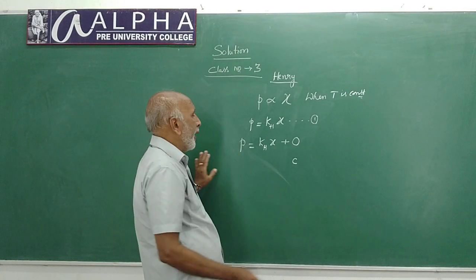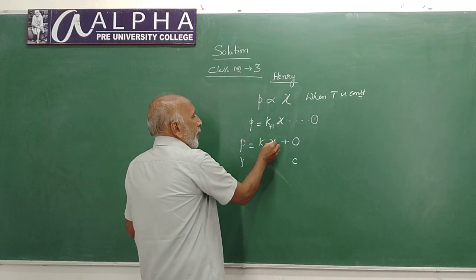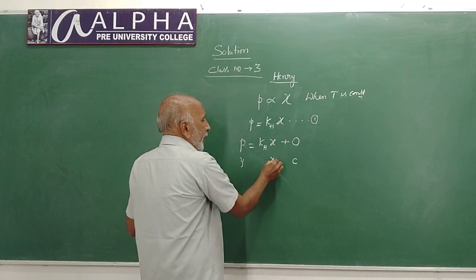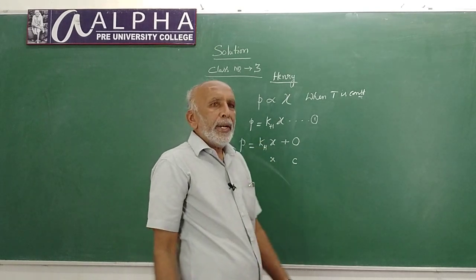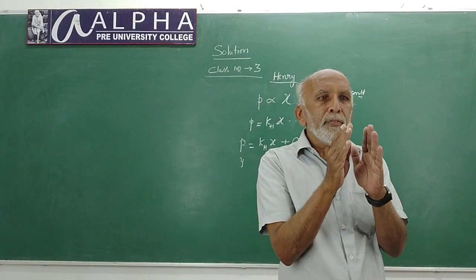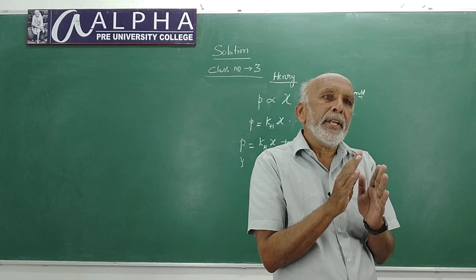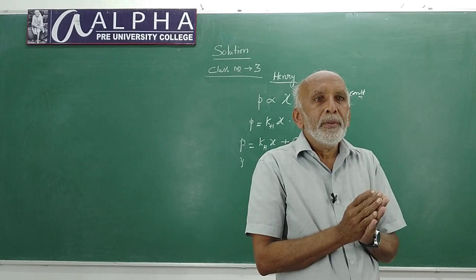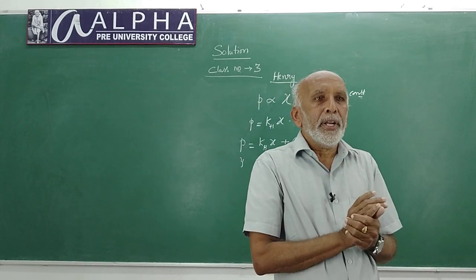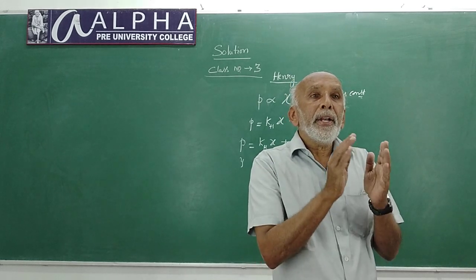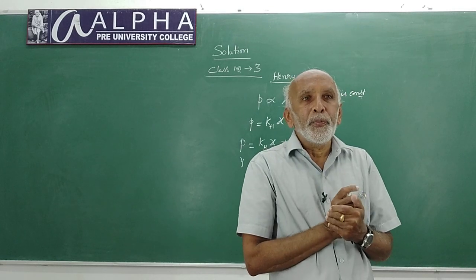Let the variable P be Y and chi be X. Henry's constant is constant for a gas at a particular temperature. Henry's constant for a gas depends upon temperature. For a gas, Henry's constant varies from temperature to temperature, and it varies from gas to gas also.